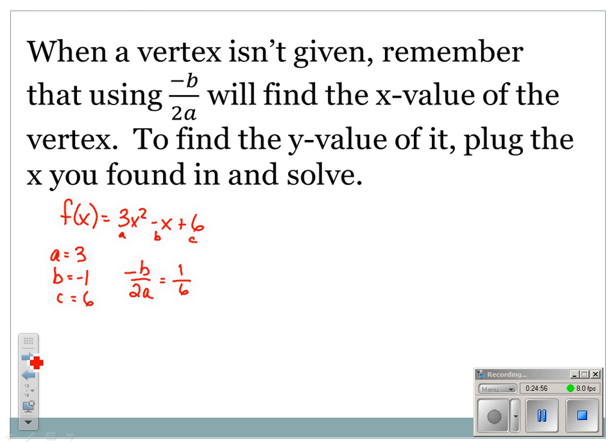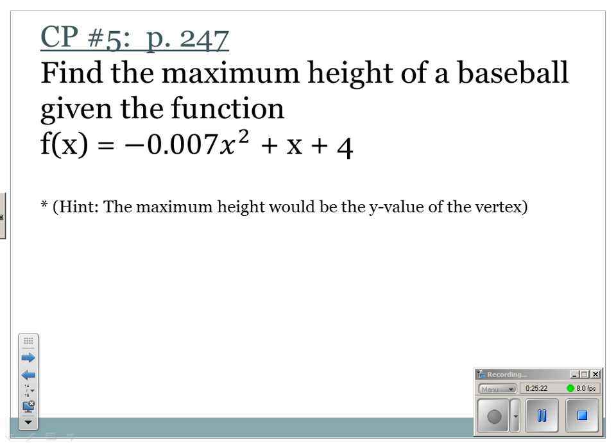Now to find the rest of the vertex, you would have to plug this in for the x in the function, and solve for the f of x, or the y, to go with it. We'll be doing that in our next problem, so I'm not going to finish that part out for now. So negative b over 2a is another option to get half of your vertex. That will give you the x value. You can plug that in to your function to find the y, and then you have your vertex.